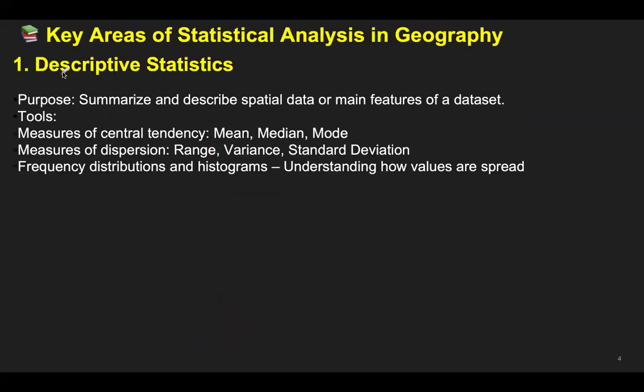Descriptive statistics are used to summarize and describe the main features of a spatial data set. Tools used are measures of central tendency, which are mean, median, and mode when the data is compiled. Then measures of dispersion: range, variance, and standard deviation, which show how much the data deviates from the center.